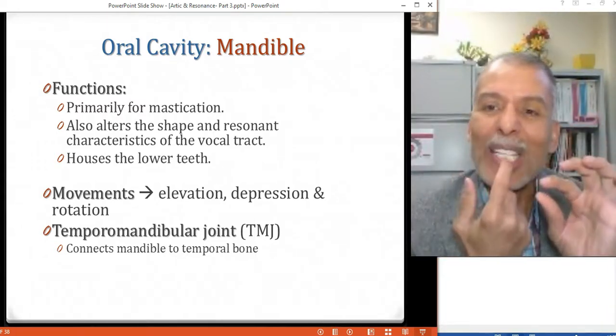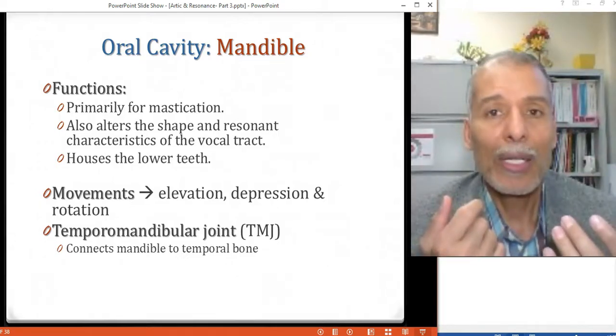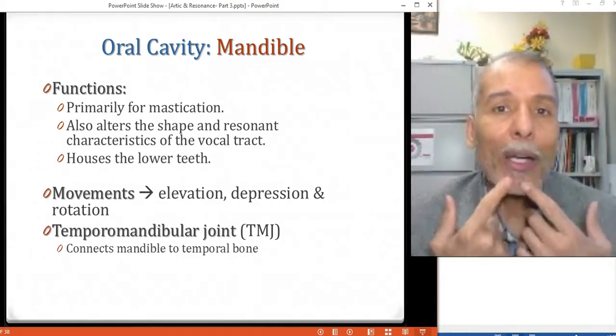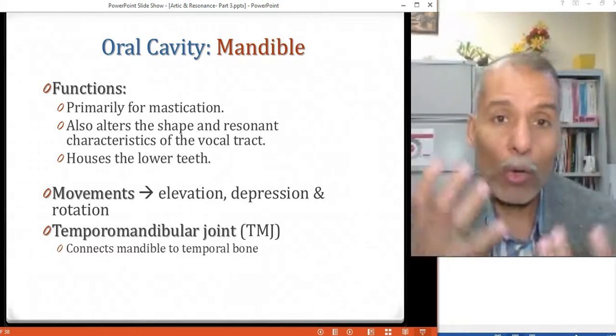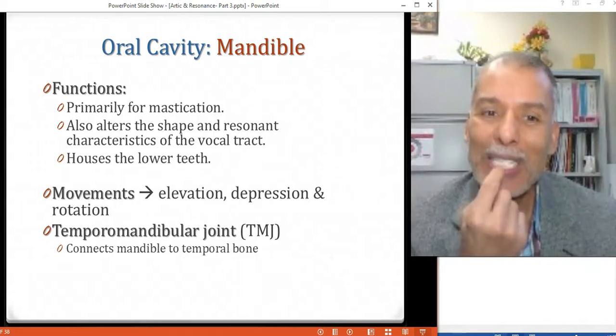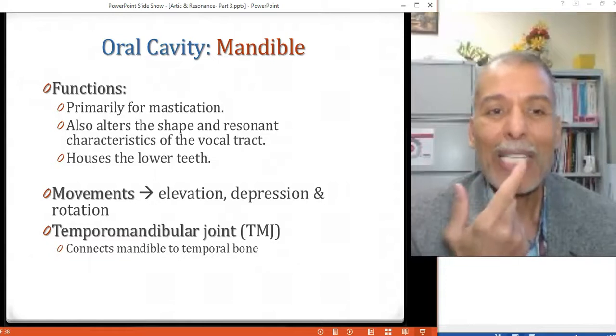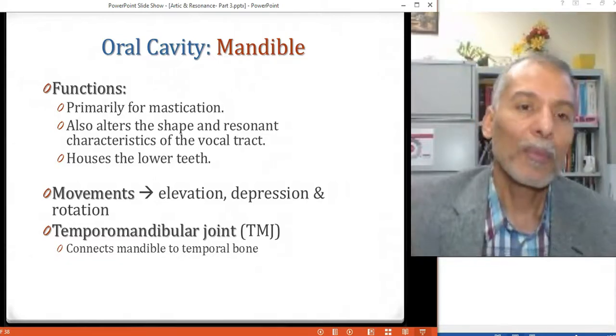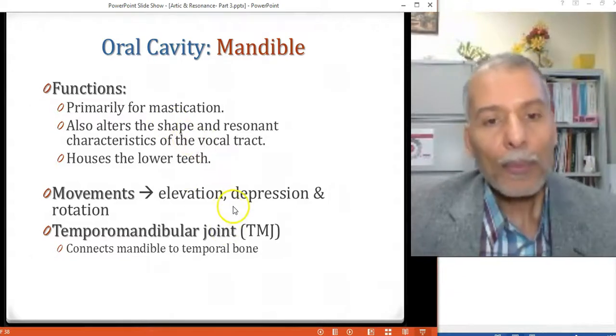In that case, the lower teeth are immobile articulators. They don't move, but they are part of the jaw. So it depends on if you look at the jaw as a whole piece or as parts. If you look at a part, that part doesn't move, but the jaw itself as a whole does.